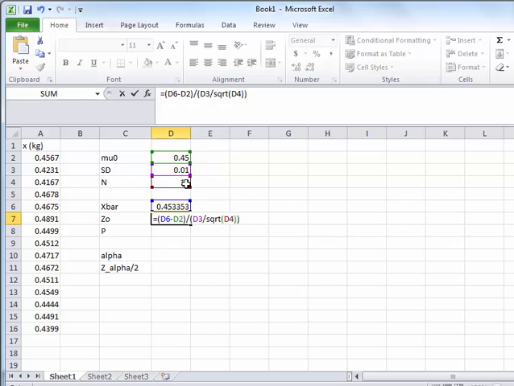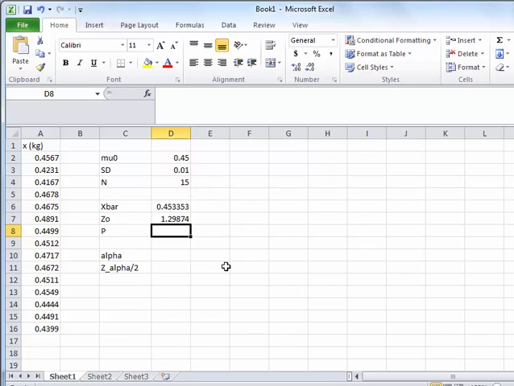So close up our parentheses, and we get a z-naught of 1.299.